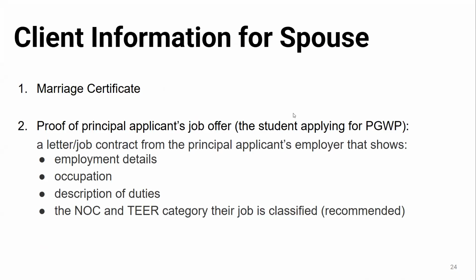Just keep in mind, because the spouse checklist is short, make sure you attach the marriage certificate and proof of the principal applicant's job offer, the student applying for PGWP: a letter or job contract from the principal applicant's employer that shows employment details, occupation, description of duties, and the NOC and TEER category their job is classified under. This is recommended as well.